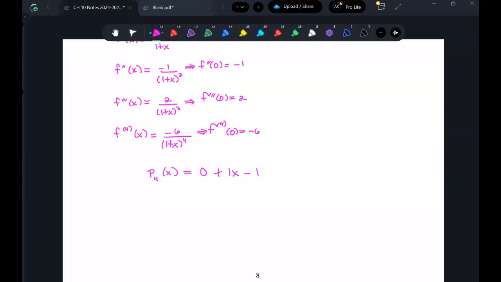So minus 1 over 2 factorial times x squared, plus 2x cubed over 3 factorial, minus 6x to the fourth over 4 factorial.